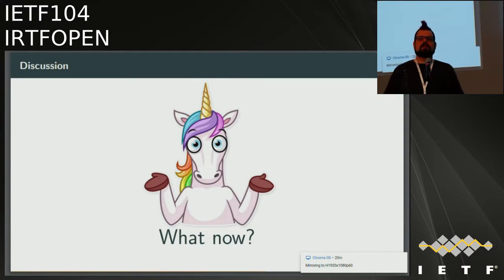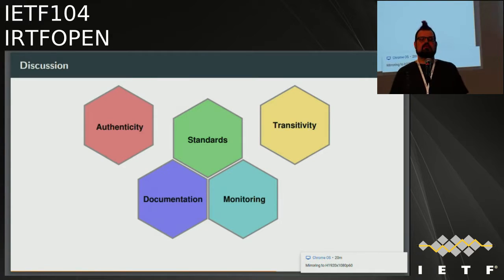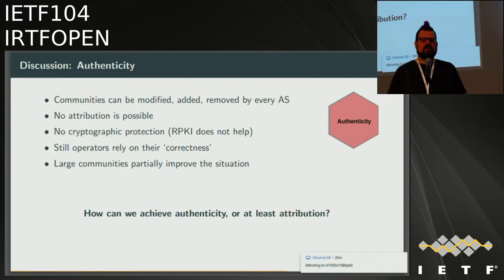So what now? We identified several topics where discussion might be useful. We found problems with authenticity, transitivity, standards documentation, and monitoring of community usage. Starting with authenticity, I mentioned several times that every AS on the AS path is able to modify, add, or remove community values on announcements in BGP, and there is no attribution possible.